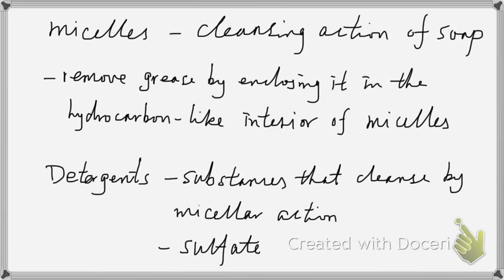So soaps are carboxylates, while detergents are substances that also cleanse by micellar action, and detergents are actually alkyl sulfates. So instead of having that COO minus in soap, detergents will have SO3 minus.